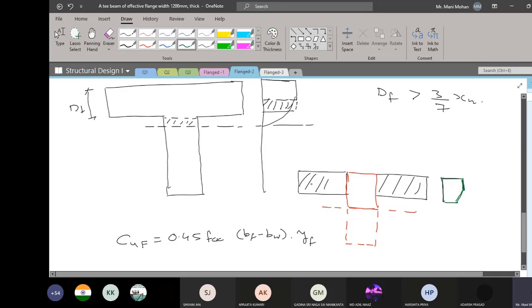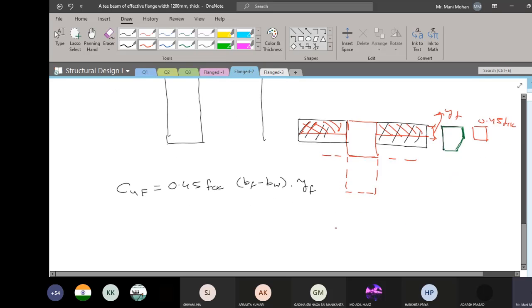Rather than considering this entire area for computing this compression force, you consider the reduced depth YF, and in this YF you assume the stress to be constant at 0.45 FCK. This is what you have.